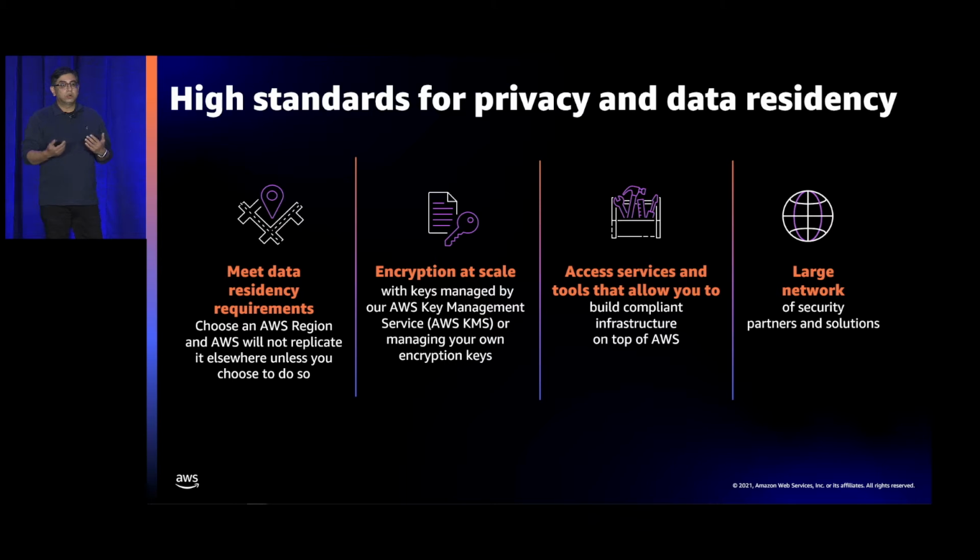And then you also have access to a wide array of tools and services like identity management that help you enforce policies to be compliant to certain region. We have tools like CloudTrail that help you log and audit your data compliance for various reasons. And then we have a large network of security partners in AWS and also now as part of the Outpost Partner Ready program that can help you implement your compliant infrastructure.